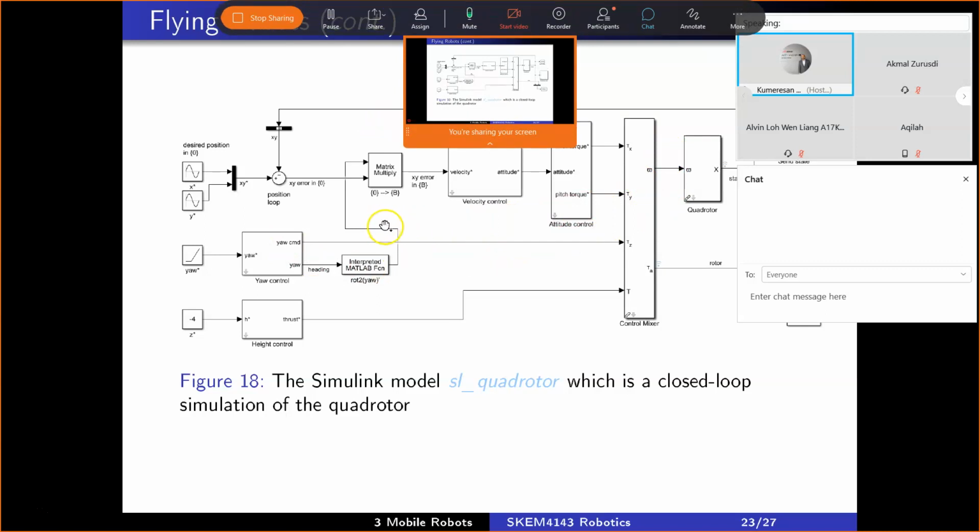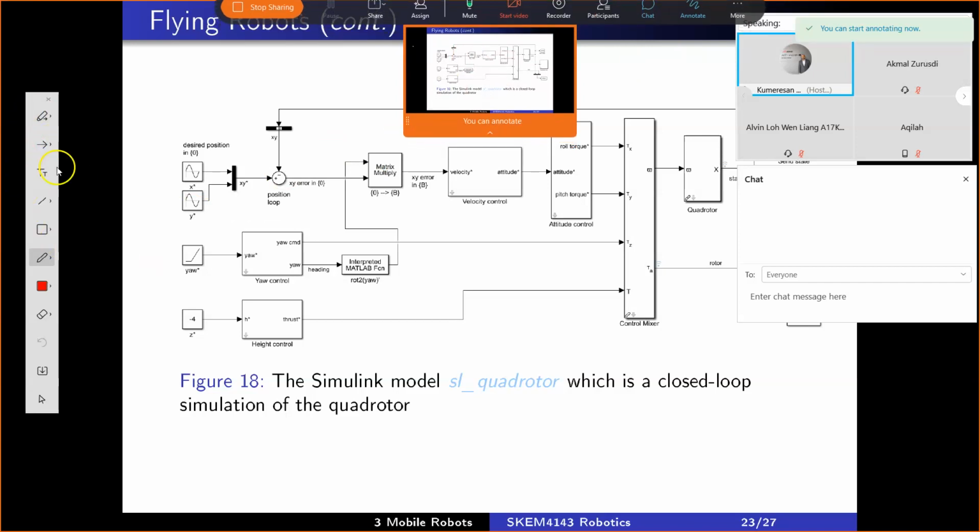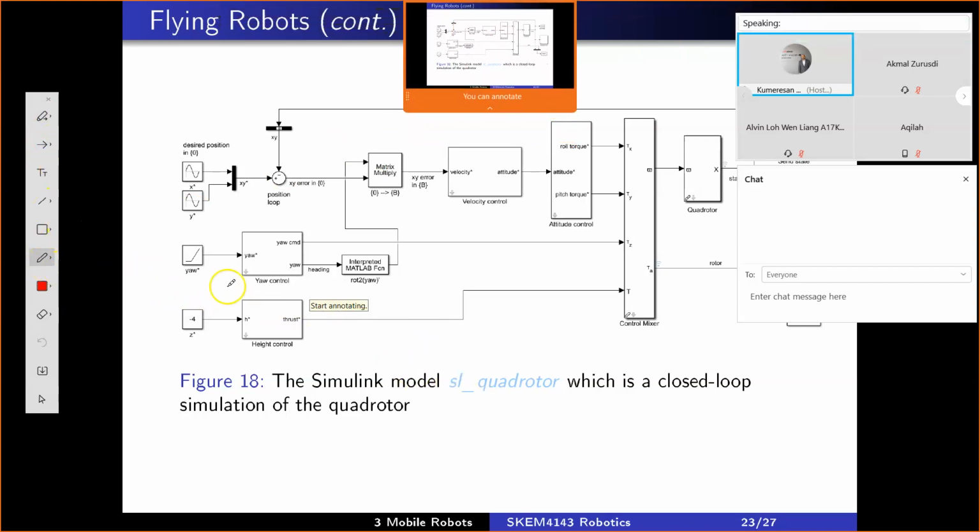So normally in a control system, let me see if I can draw briefly here. So normally in a controller structure, in a controller block, right? Anyway, you have a singular block.